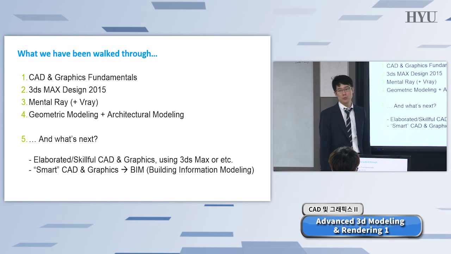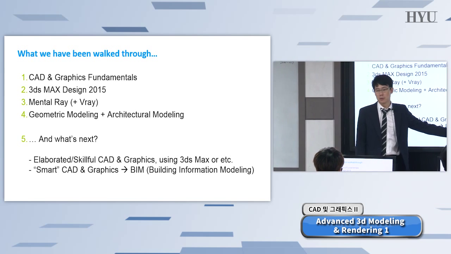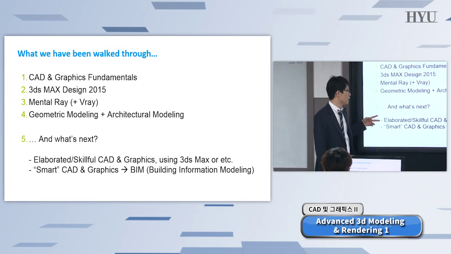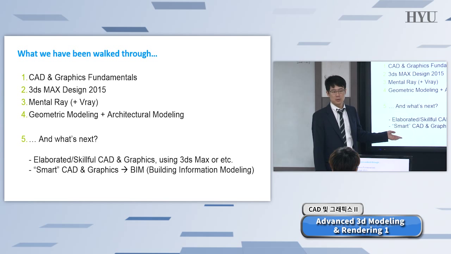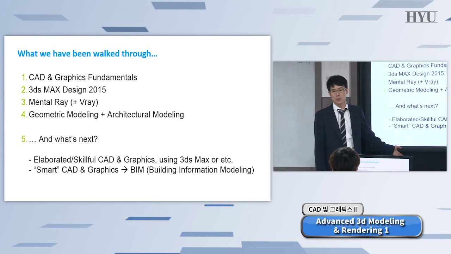That's what you need to get, okay? Using 3D Max or Rhino, SketchUp, mental ray, V-ray, whatever, okay? Something elaborated, skillful techniques. And also, we need to learn even smarter ways of geometric modeling or visualization and so on. So in today's lecture slides, I'm going to show you one type of preview demonstration using Revit.